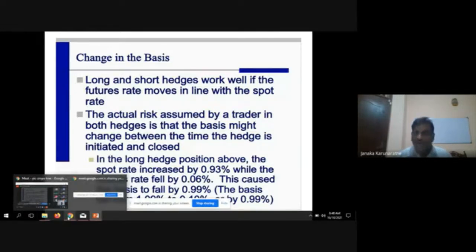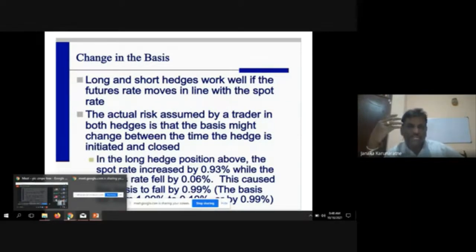So if you find an instrument in a market where the futures market interest rate change is also the same as the cash market interest rate change, you are fully covered. But the idea is to at least partially cover yourself, right?